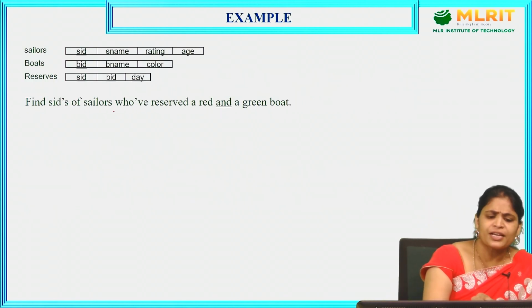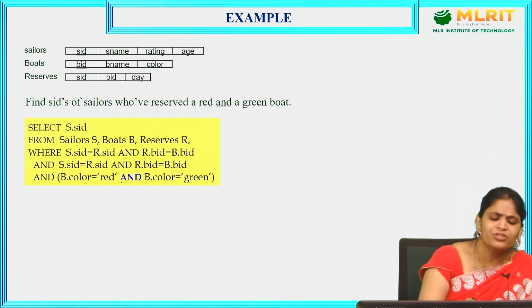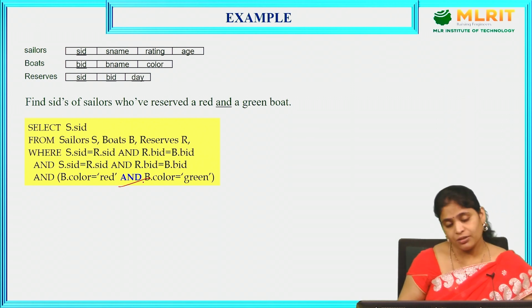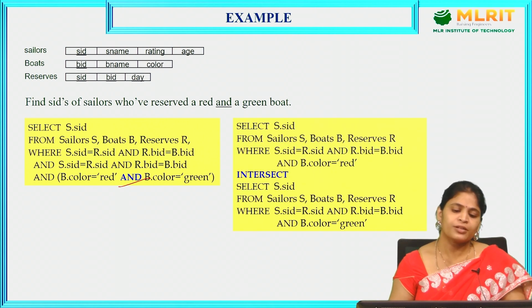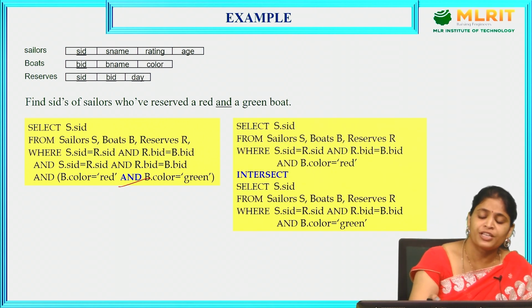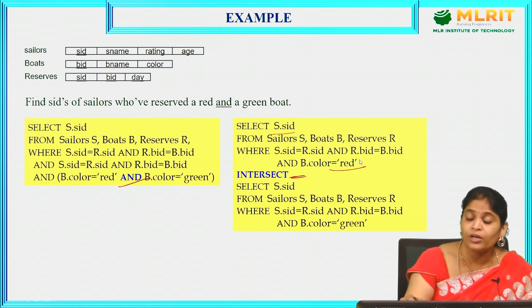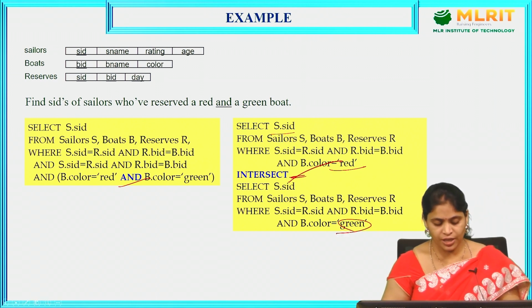So, find the SIDs of sailors who have reserved red and green boat. By using general logical operators, we can represent it with AND operator. Clear? But we are dealing with the extension operators of SQL, that is nothing but intersect. So, here select S.SID. I want SIDs who have reserved red boat as well as who have reserved green boat.